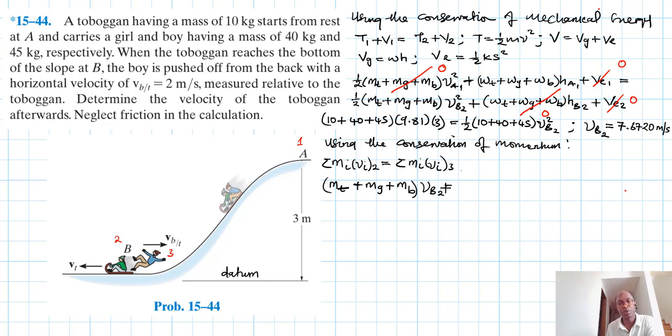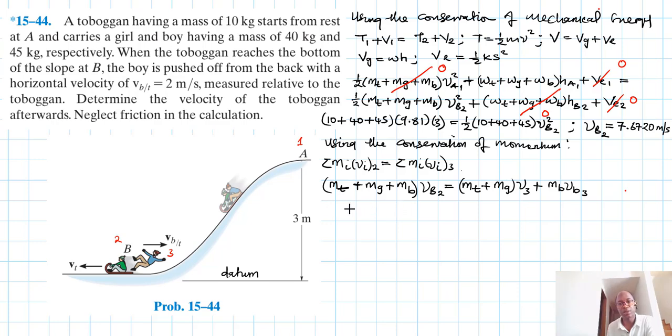This is going to be equal to MT plus MG, which we are going to call V3, plus MB VB3. Right, let's plug in the numbers.